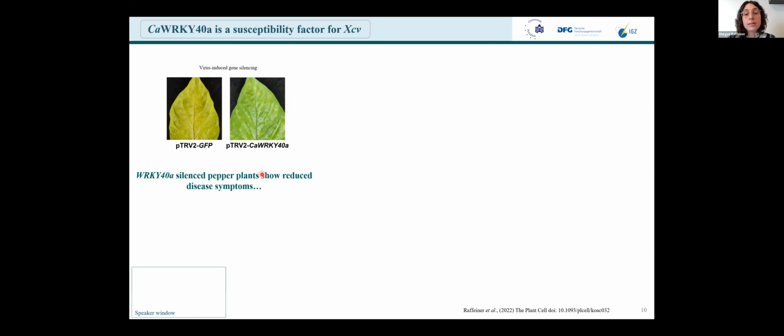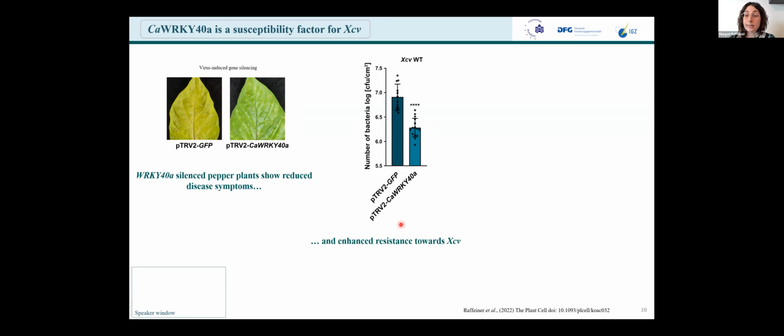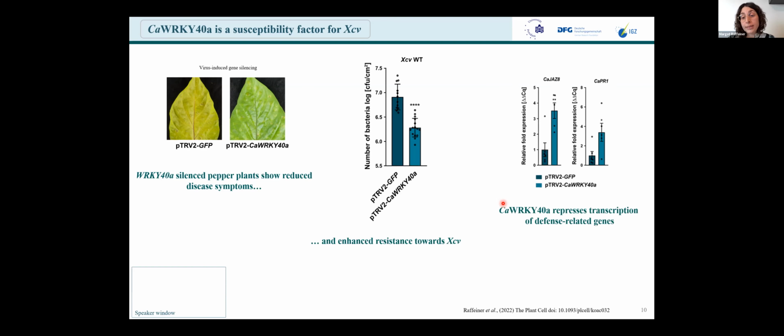This reduction in symptom development was also very much in line with an enhanced resistance of these silenced plants towards XCV infection. So these data already indicated that the pepper WRKY40A transcription factor might act as a negative regulator of defense. But we could further confirm this in different ways, one example just over here, showing that WRKY40A indeed does repress transcription of defense-related genes.